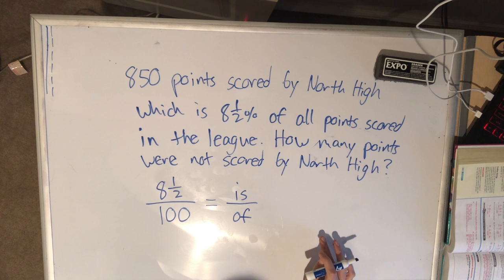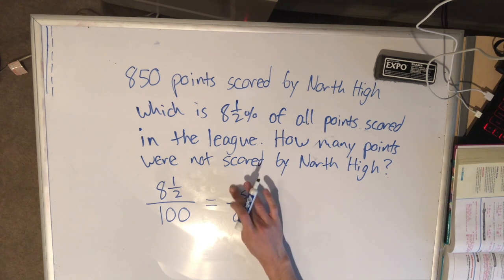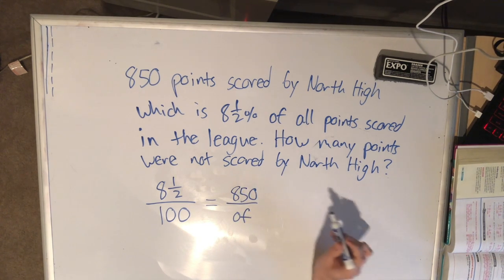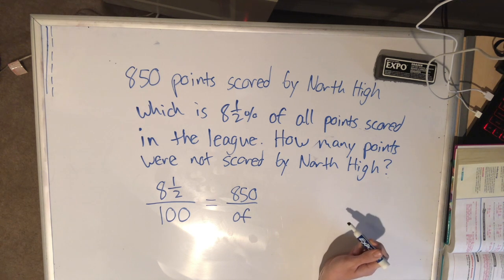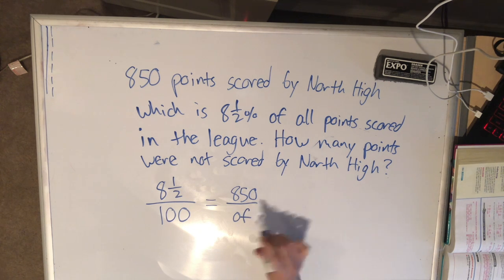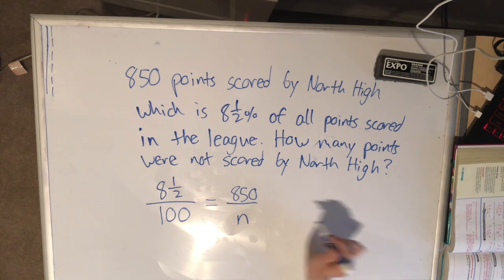Okay, so the is number is 850, so let's replace is with 850, because 850 points is 8.5% of all points scored in the league. We're trying to figure out the of number. Let's replace of with n, or any variable you want.